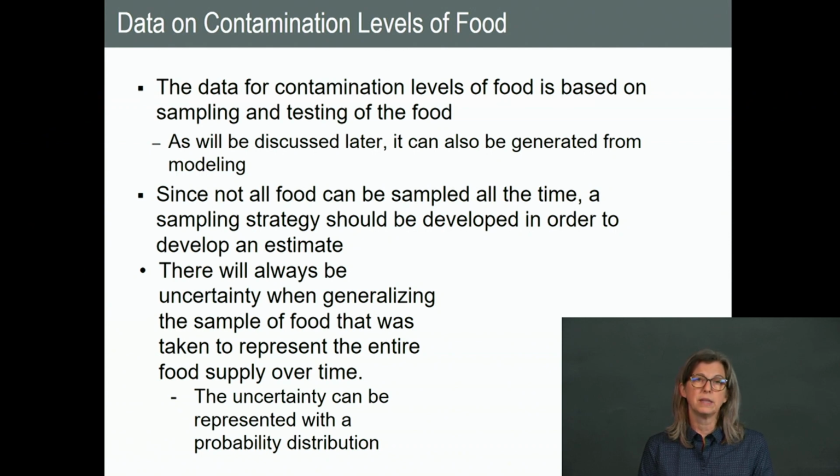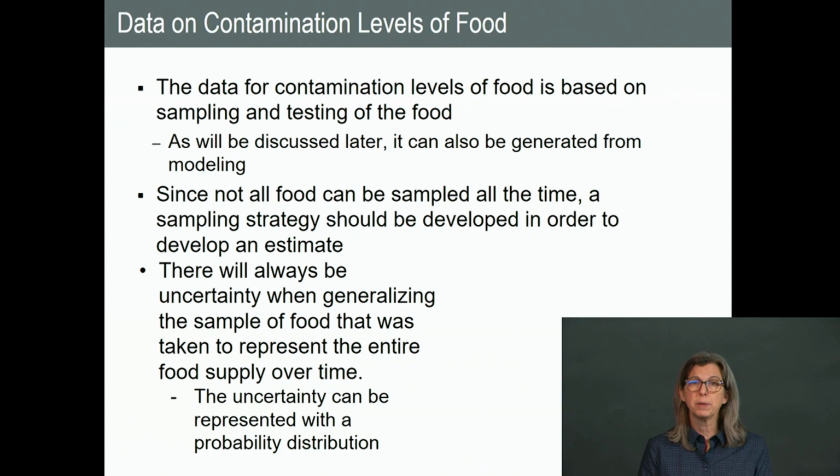Since not all food can be sampled all the time, a sampling strategy should be developed. Statistics has given us tools to say, if you want to represent the entire amount of chicken that's being consumed, this is how many samples you should take, this is how often you should sample, this is how you should process the sample.